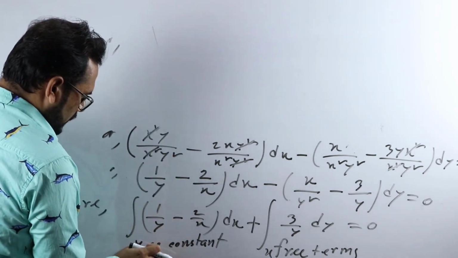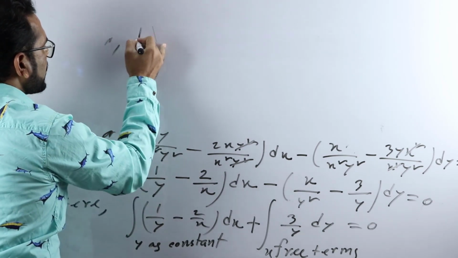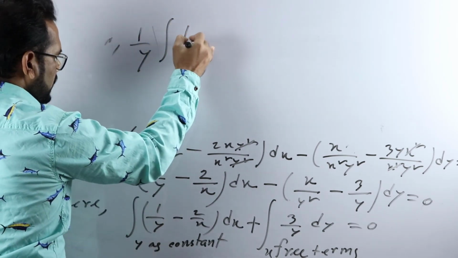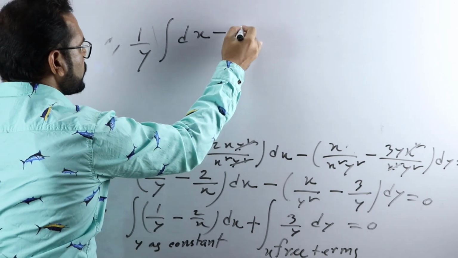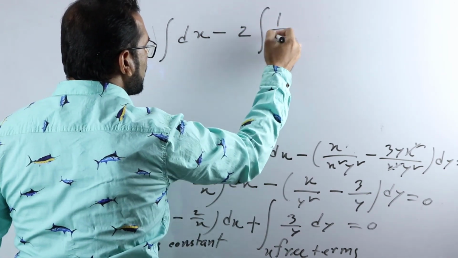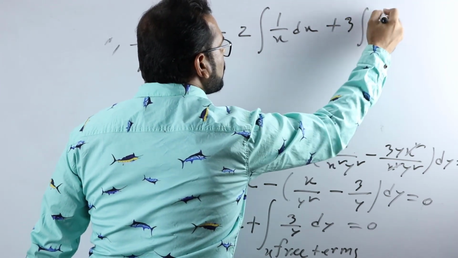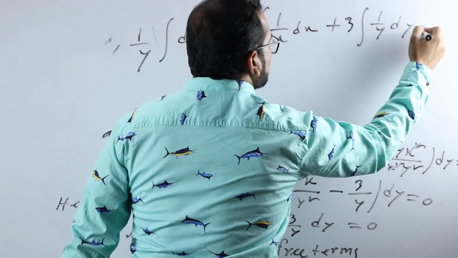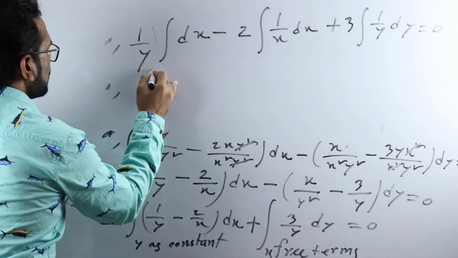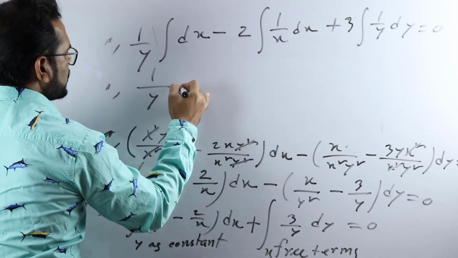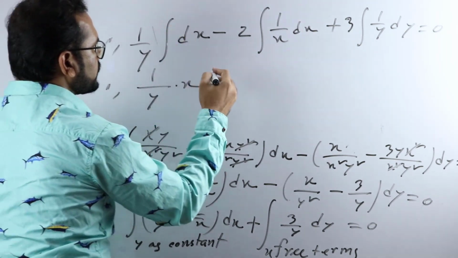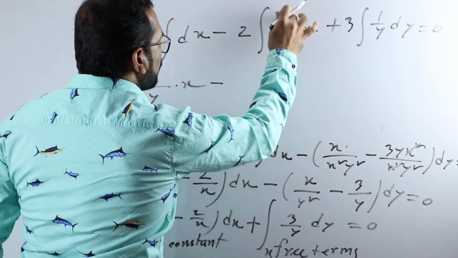since 1 by y, that is y is constant, we can take it out, so it will be dx minus 2 is constant, we can write down like this pattern, dx plus 3 is constant, 1 divided by y dy is equals to 0, and 1 divided by y into this is x, because integration of dx is equals to x, and this is 1 divided by x.